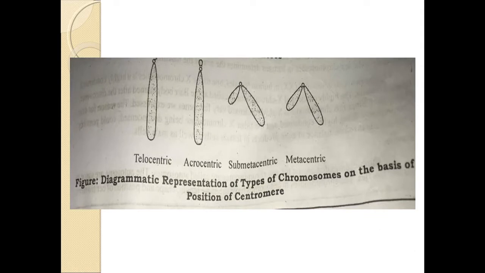Next we have diagrammatic representation of types of chromosomes on the basis of position of centromere.